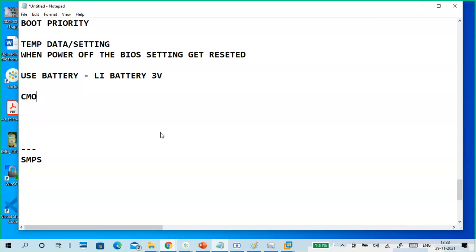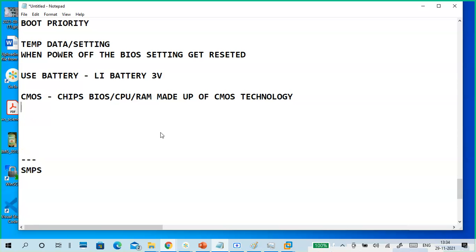Chips, meaning your BIOS, CPU, RAM, all are chips only, and all are made up of CMOS technology.